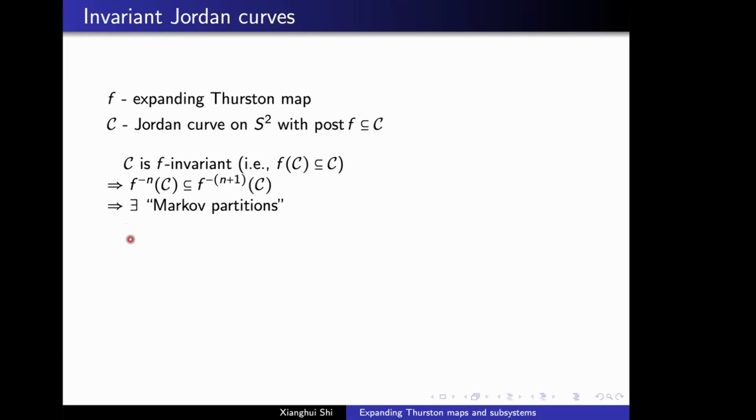This gives us Markov partitions, and this structure is very useful and important in dynamical systems. However, such an invariant Jordan curve may not exist. Namely, there exists an expanding Thurston map such that there's no invariant Jordan curve containing the post-critical set.